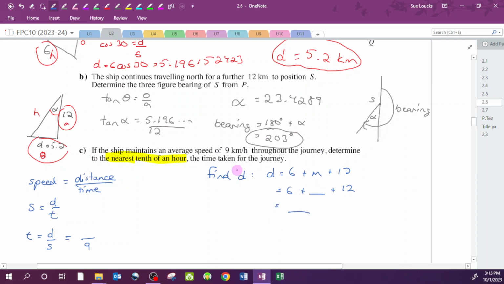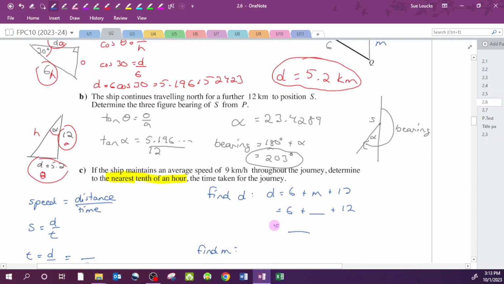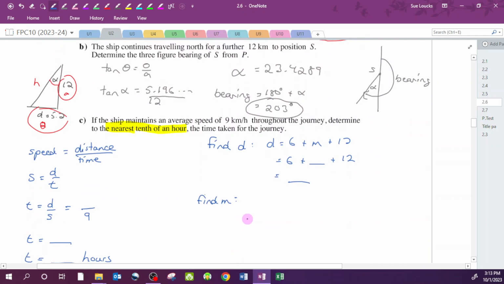So now I'm going to come down here and find m. I'm just going to draw that piece of the triangle because I don't want a whole bunch of clutter in my brain. I just want to know what I need to know. So I know that this is 30 degrees and m is what I'm looking for, and I know that this is 6.